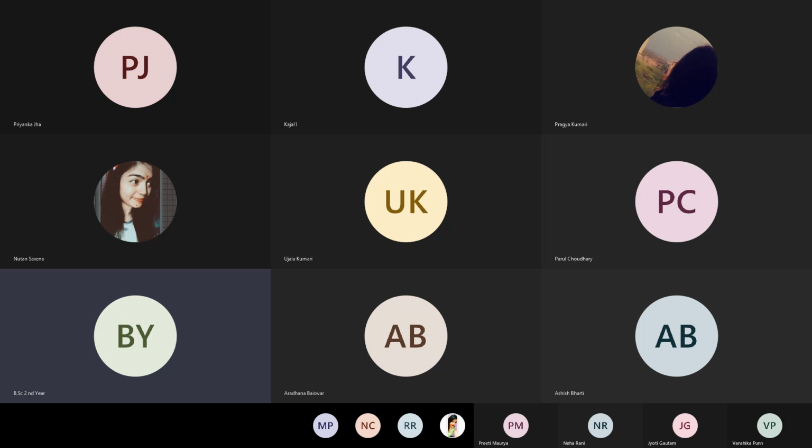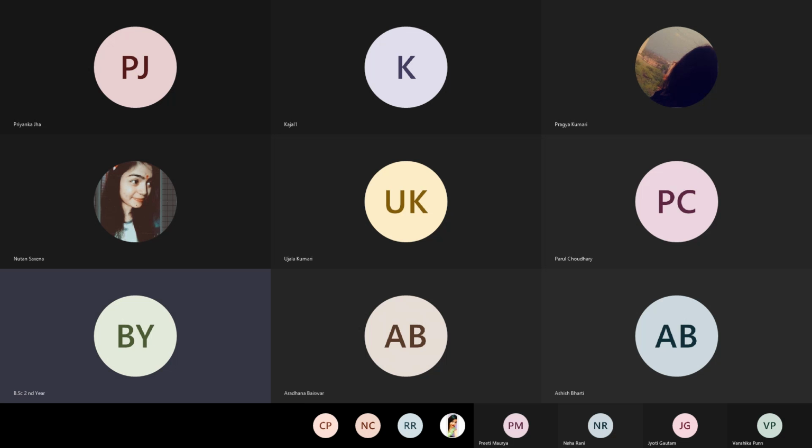Now, the third classification is extended spectrum penicillin. In extended spectrum penicillin, we see there are four subdivisions. The very first one is aminopenicillin, which is broad spectrum penicillin.